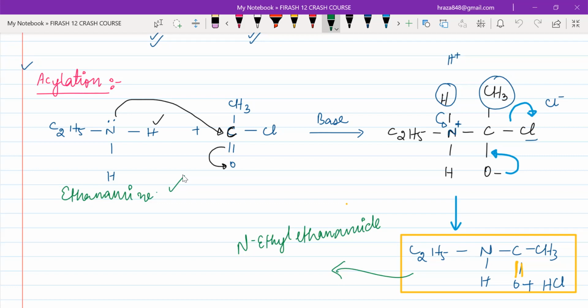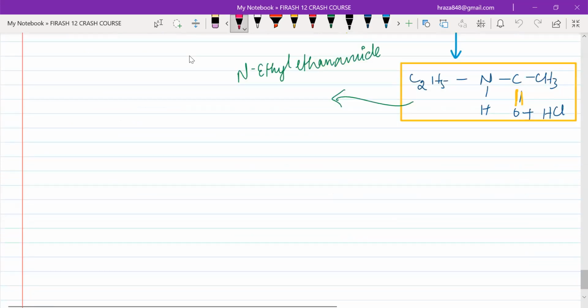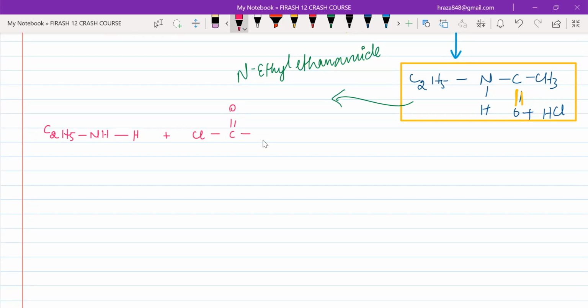Yes. Very good. So see, there is a shortcut of this reaction which is very easy, and we can do it in one step. If you have this C2H5NH, that means I can write this as this, and then there is Cl I'm going to write, and this is your CH3.